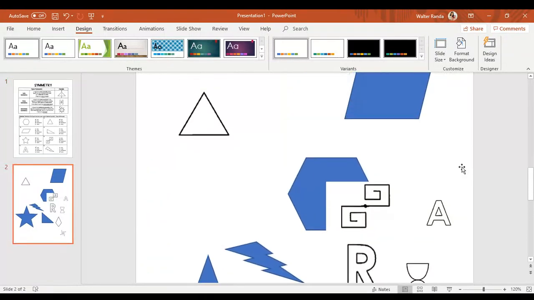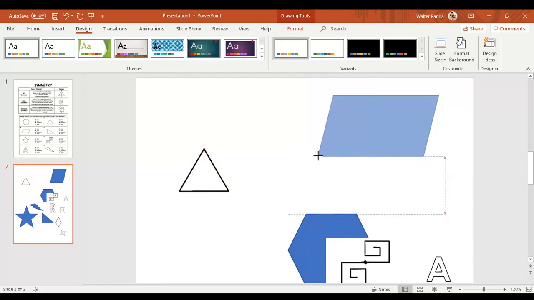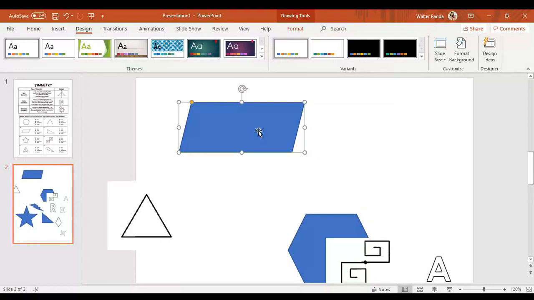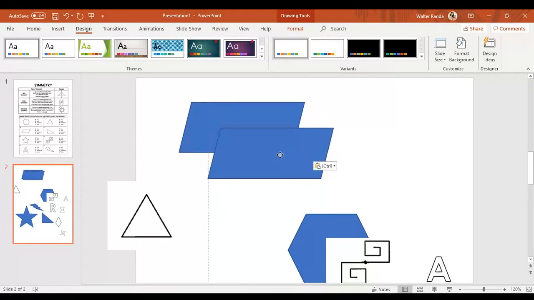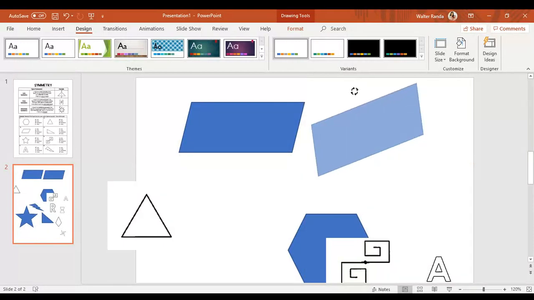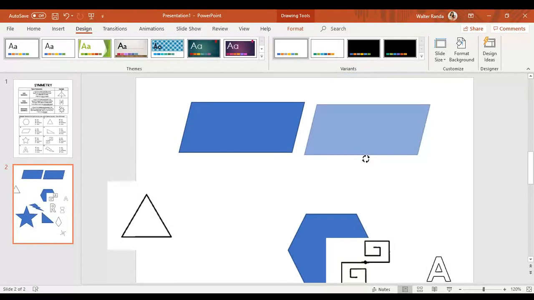So I have this parallelogram that looks pretty similar. Let me make it a little bit more like that one. Let's rotate this upside down and see if it looks the same. I'm actually going to make a copy of it so we can see. This is about a 90-degree rotation, and 180.